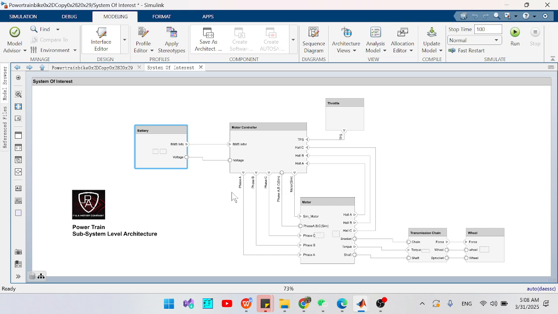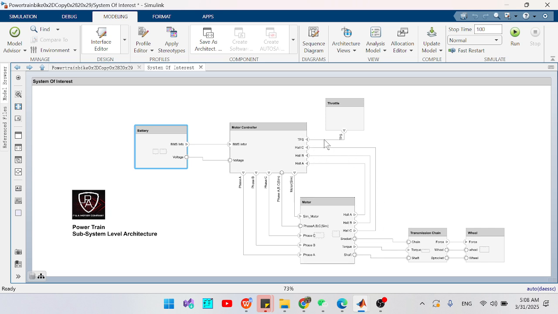Basically, the power interfaces are phase A, phase B, and phase C. And we have the information interfaces here, like the three Hall effect sensors, Hall A, B, C, which project the status of the armature inside the motor, or in other words, give you the motor position. This information is important for the motor controller because it will take a certain strategy on its voltage generation and so on with these interfaces between the motor and motor controller.